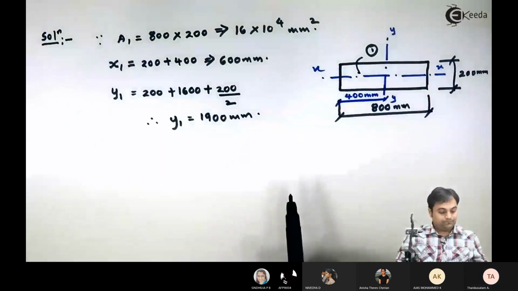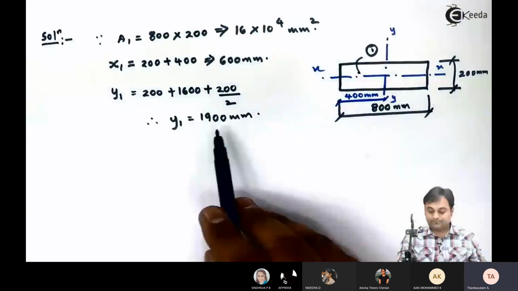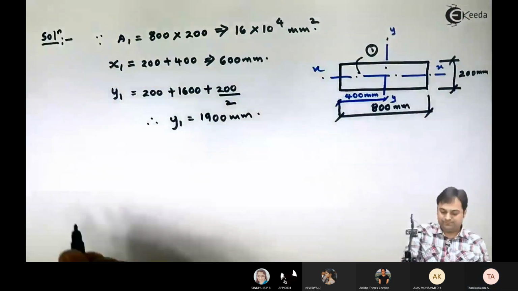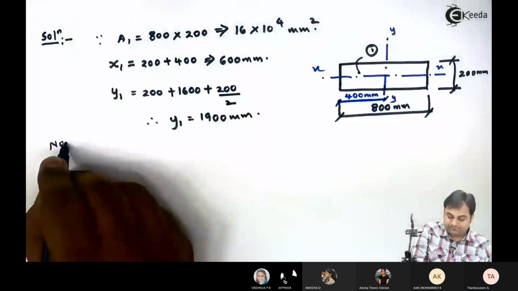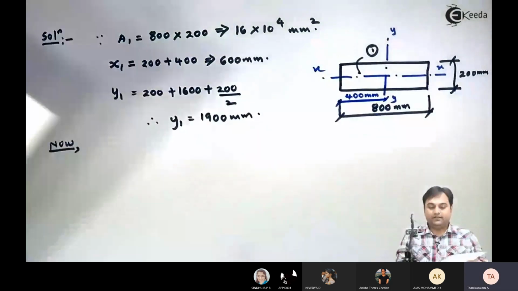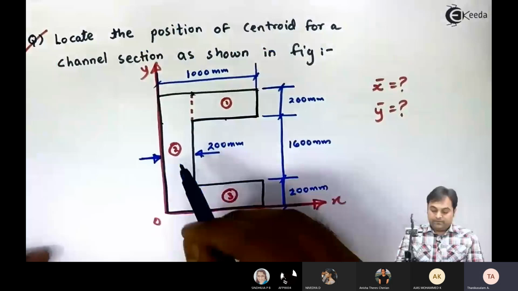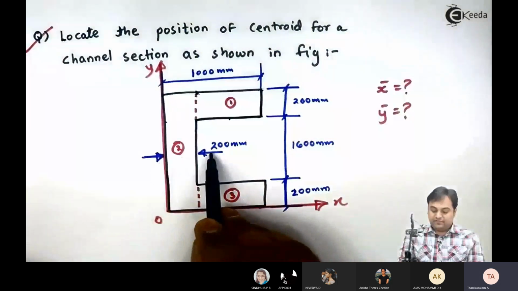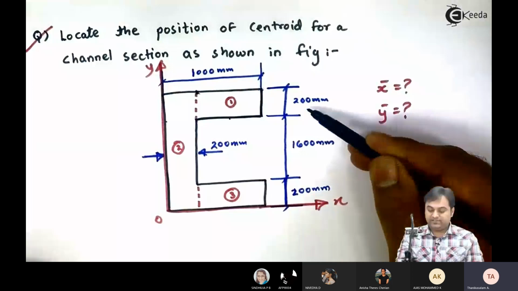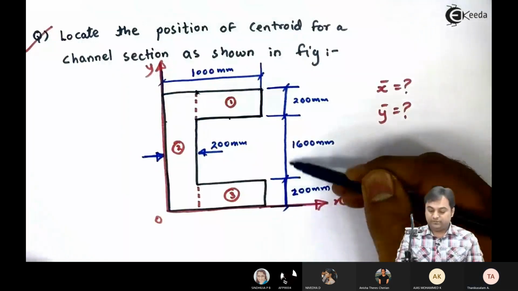Now, after getting a1, x1 and y1, similarly I will calculate a2, x2 and y2. For that, I will draw the second rectangle. This second rectangle has width 200 and its height is 200 plus 1600 plus 200, that is 2000.